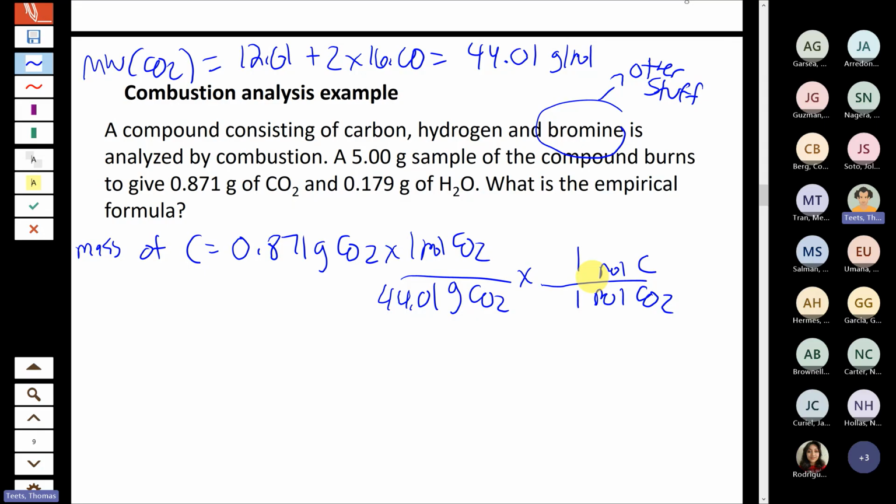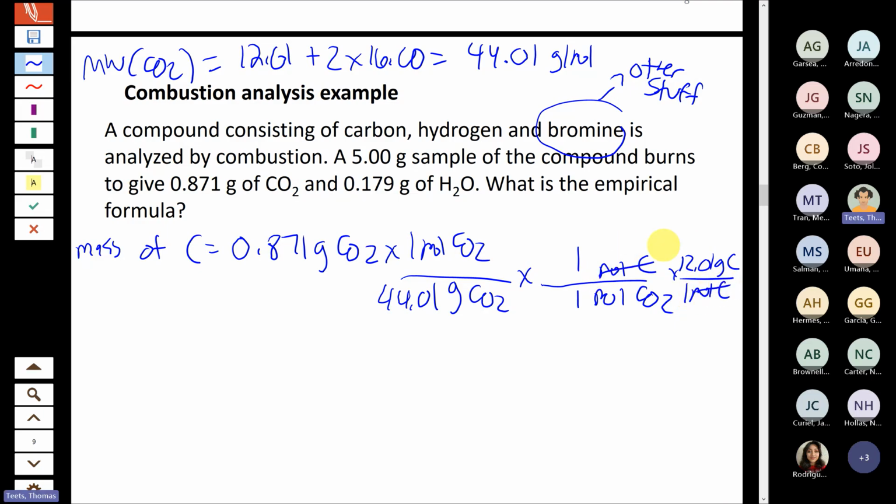And then to get the mass of carbon, we multiply by its atomic mass, 12.01 grams of carbon in 1 mole. Let's see if this other pen works better.